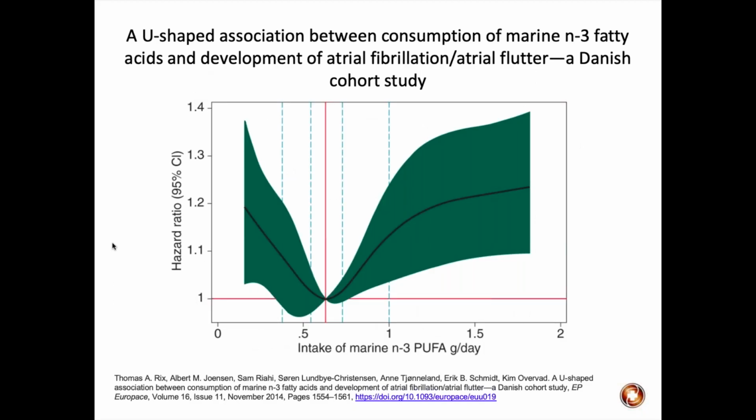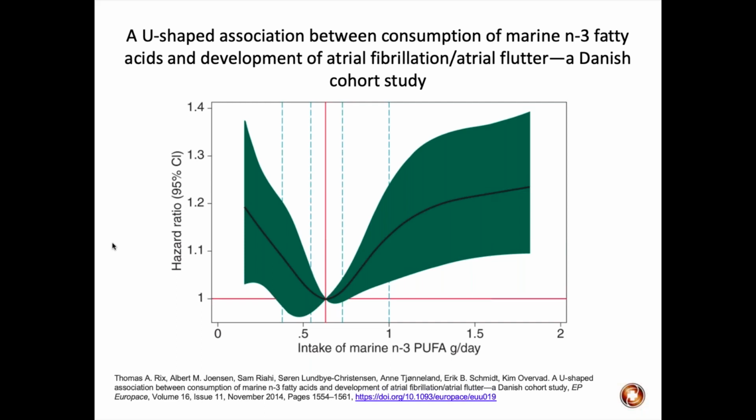There's going to be that place where more is not better, and that has clearly been shown with the intake of marine omega-3s. So these are going to be in the way of DHA or EPA. We're not talking about flaxseed oil here or alpha-linolenic acid.